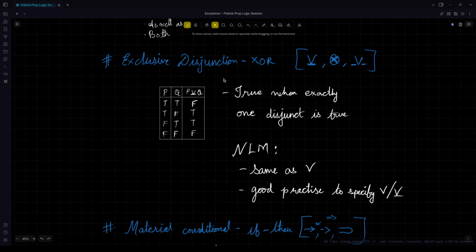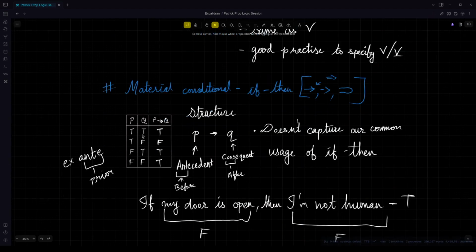But the idea is you can represent the conditional with a disjunction, or with a conjunction, or a conjunction and a negation, something like that. A combination of logical operators can replace this operator. So we will talk about that later, and that's something you need to remember.